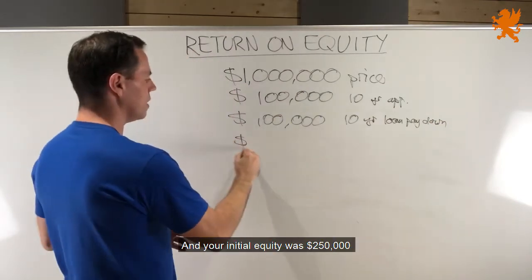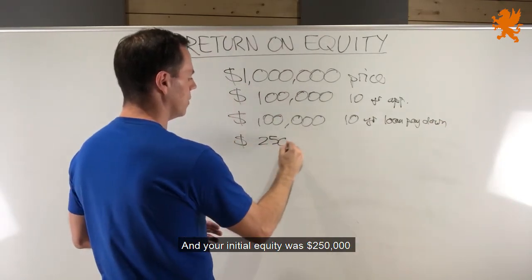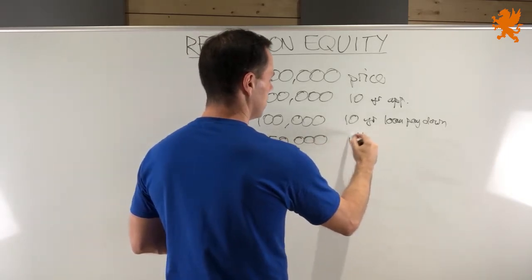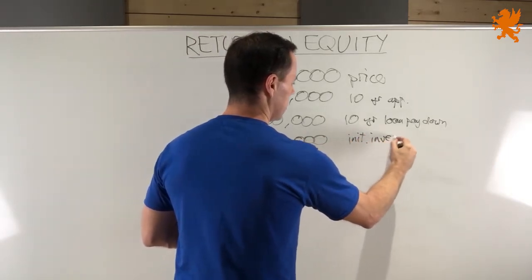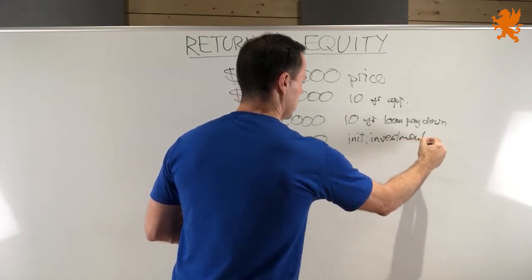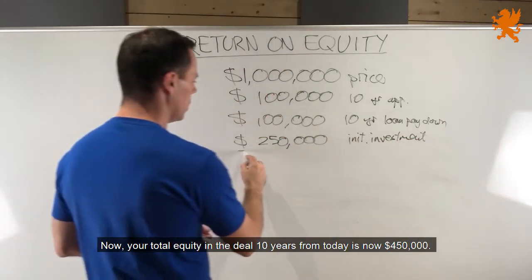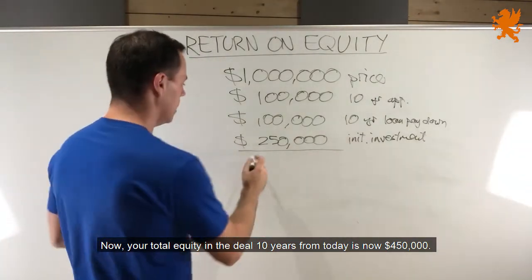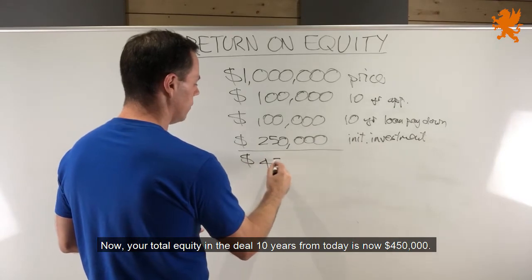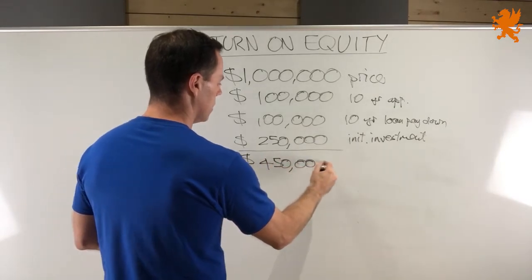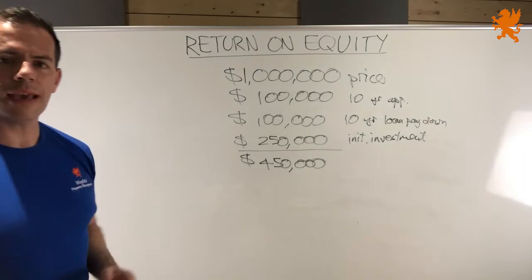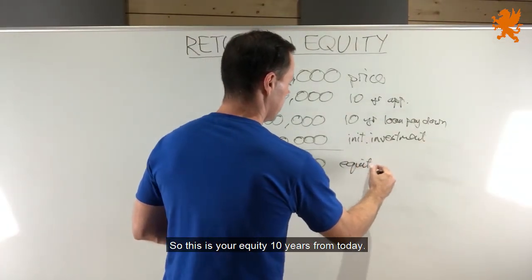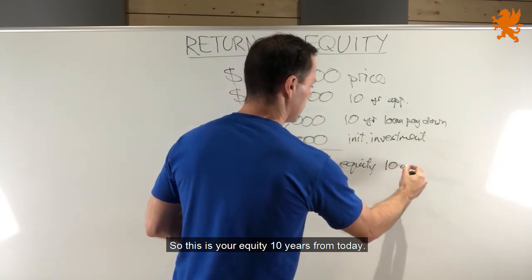And your initial investment, your initial equity, was $250,000. Now your total equity in the deal 10 years from today is $450,000.